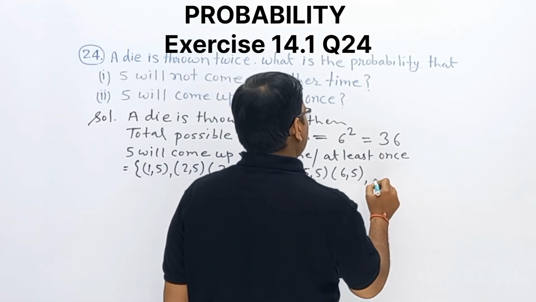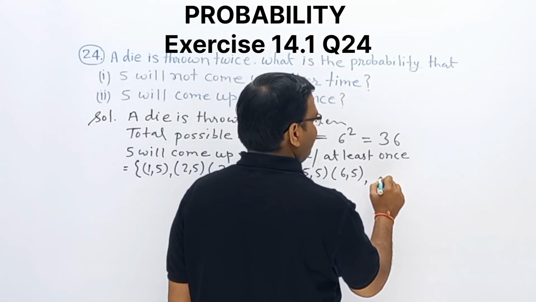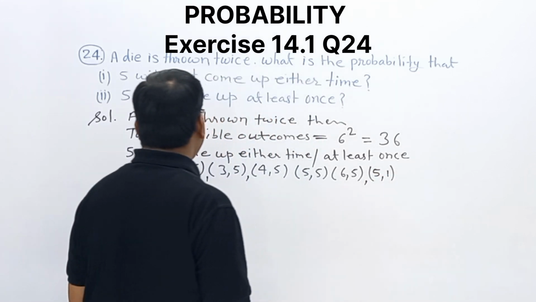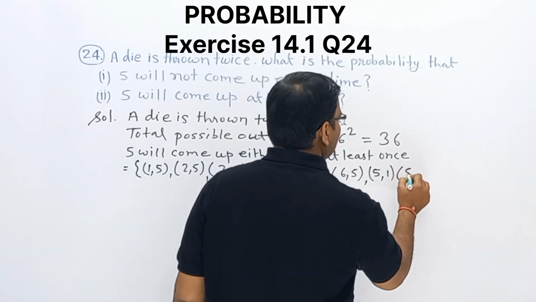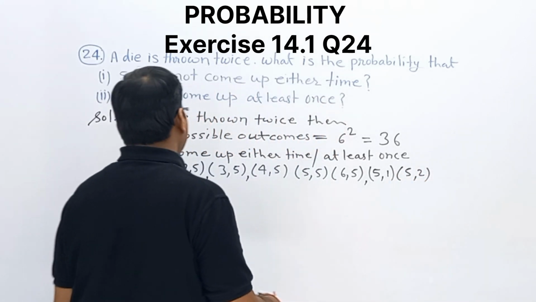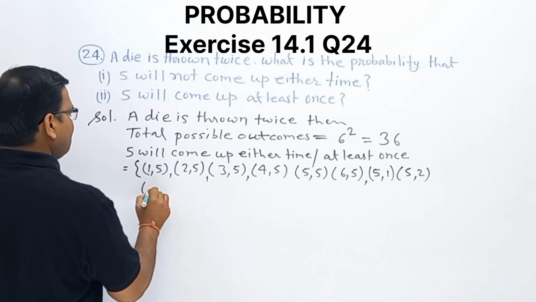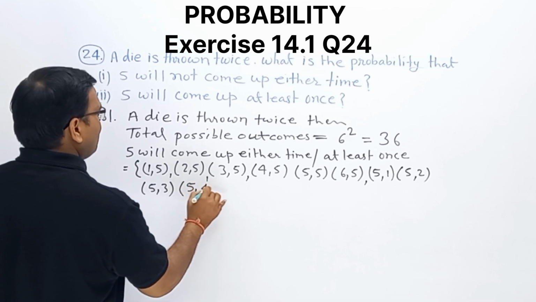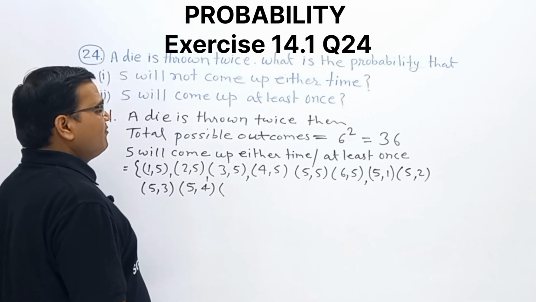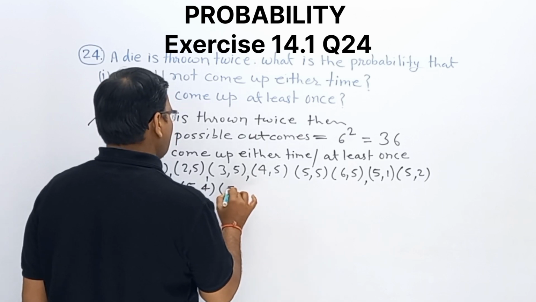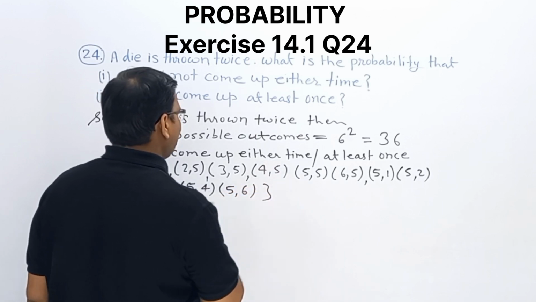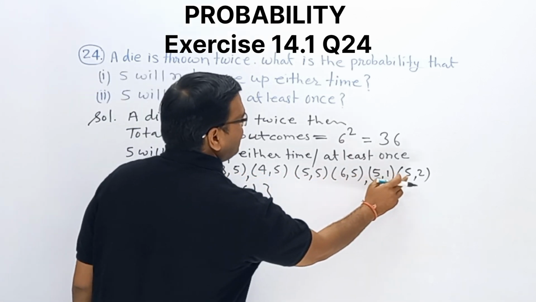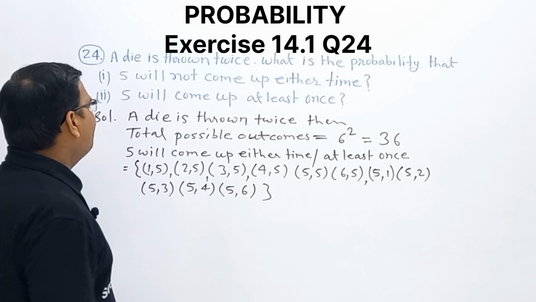Then 5 1, 5 2, next one will be 5 3, 5 4, 5 5 we already have, so the last one will be 5 6. How many outcomes are we getting? 1 2 3 4 5 6 7 8 9 10 11 times.